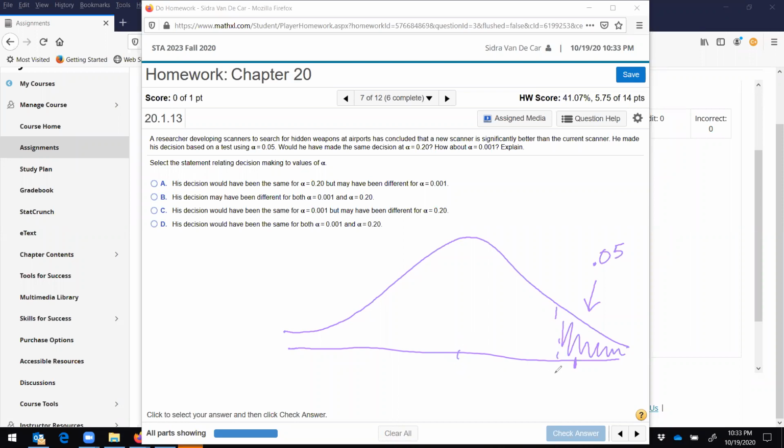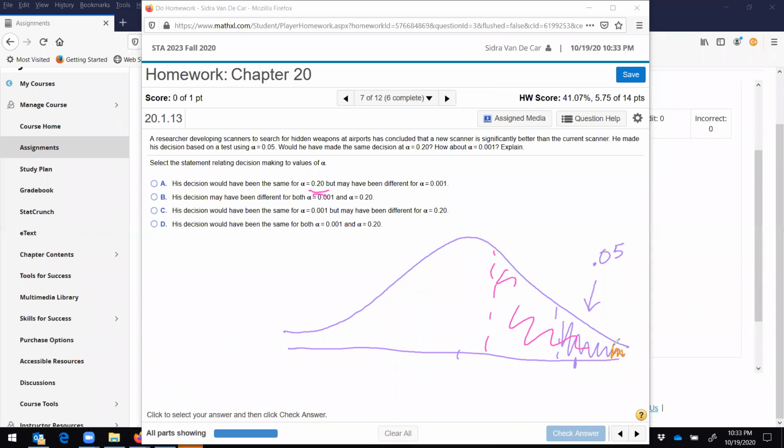Okay. So now, would his decision have been the same if alpha equals 0.2? Well, if this is an area of 0.05, an area of 0.2 would be over here, right? All of this. So yes, he would have made the same decision for this. But the area for the 0.001 is less than 0.05.